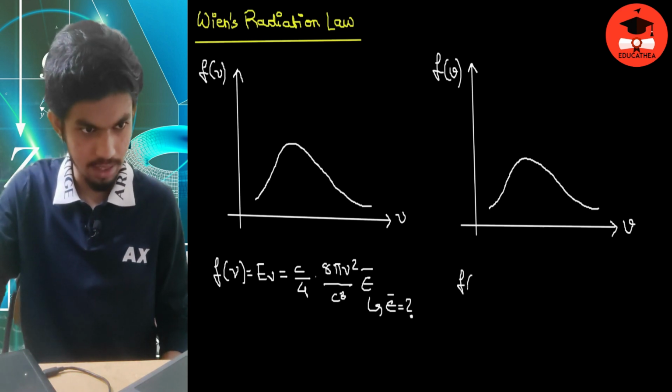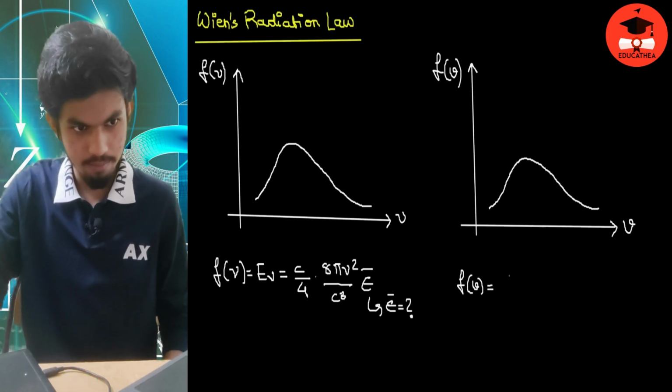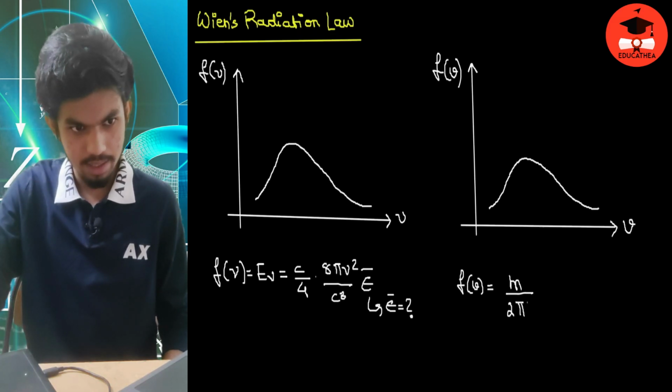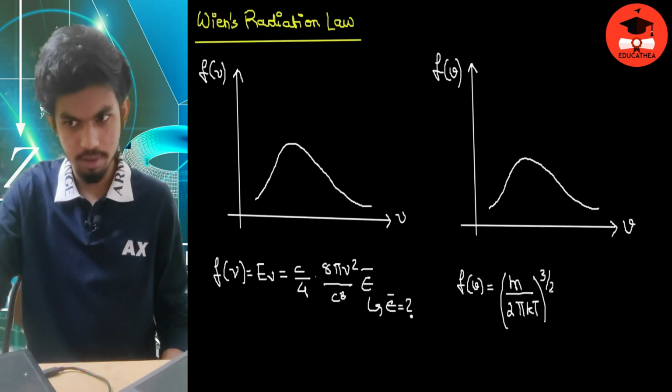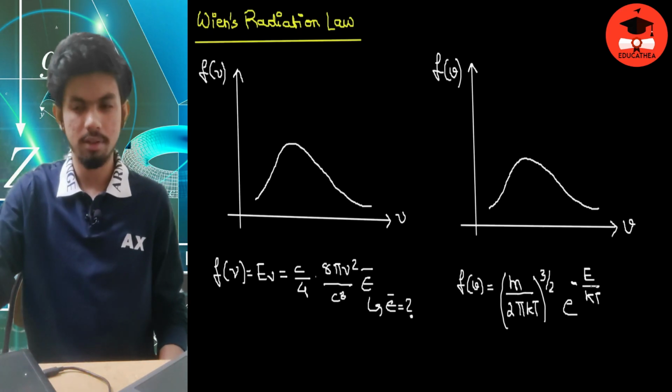So f(v) is basically given by (m/2πkT)^(3/2) into e to the power minus E by kT.